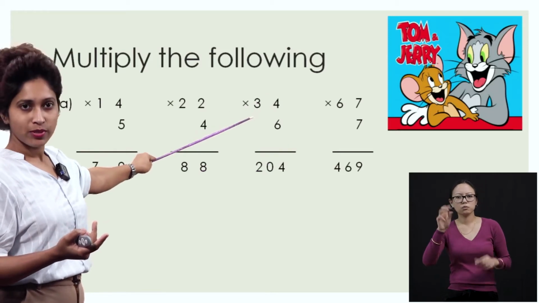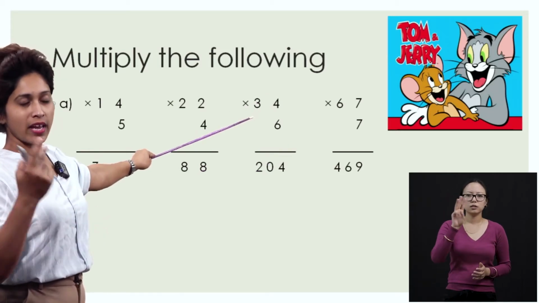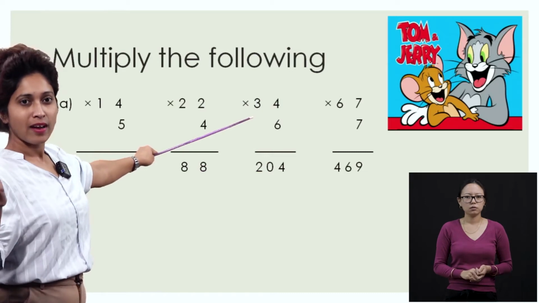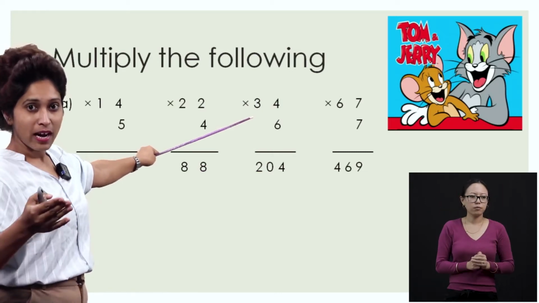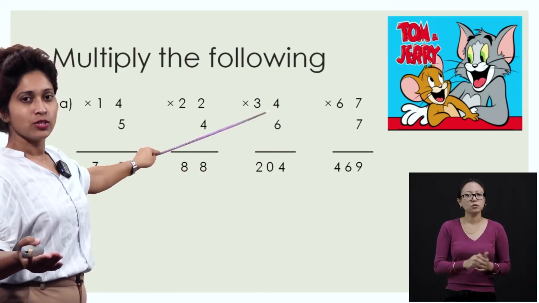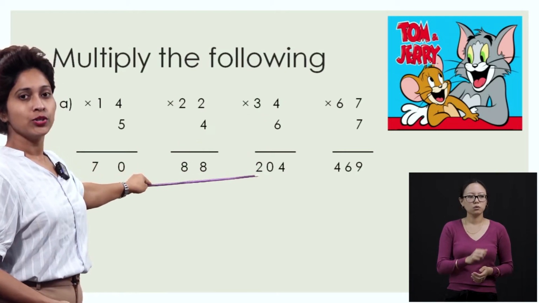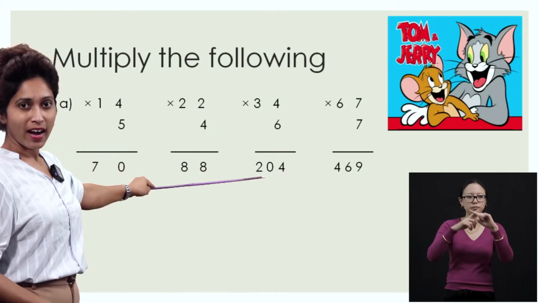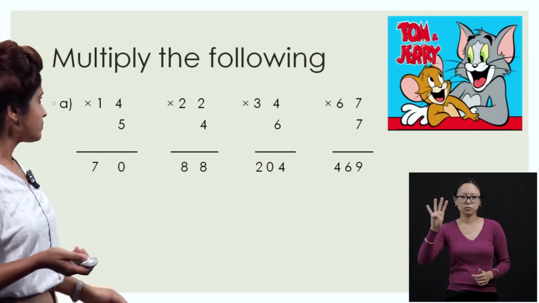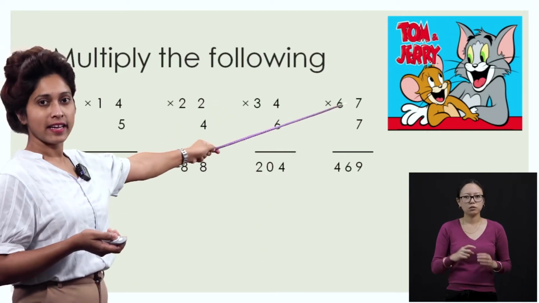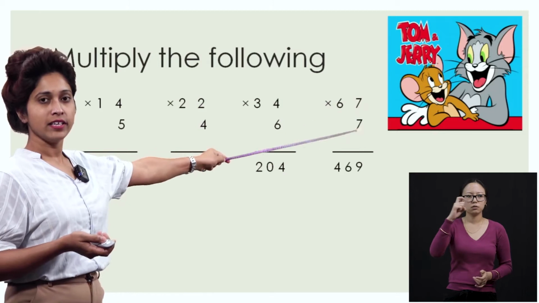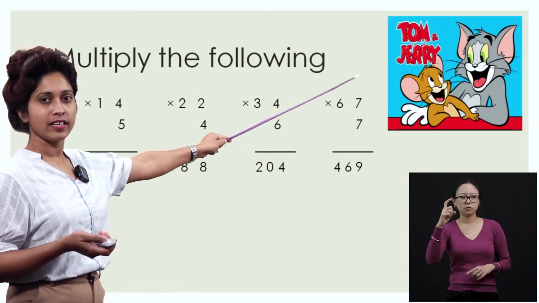How much will it be, students? 18, right? So 18, and the carry that you have along with you, you'll add them up and you'll get 20, right? So the total amount is 204, right?